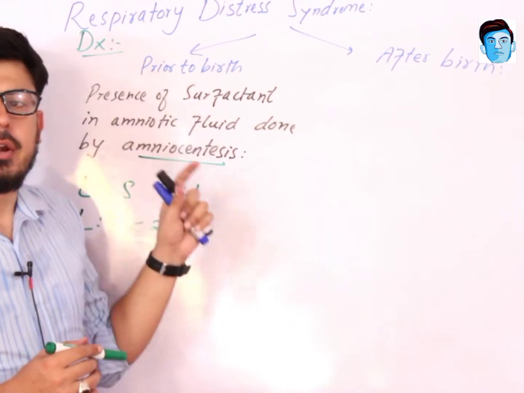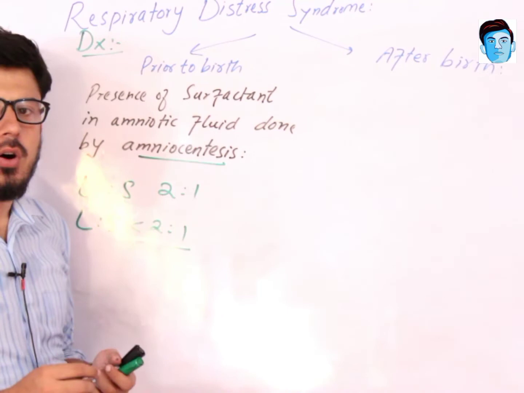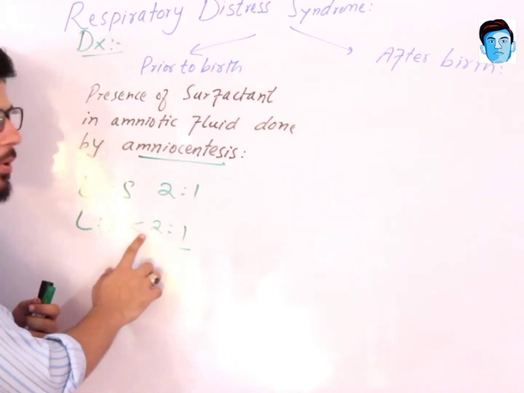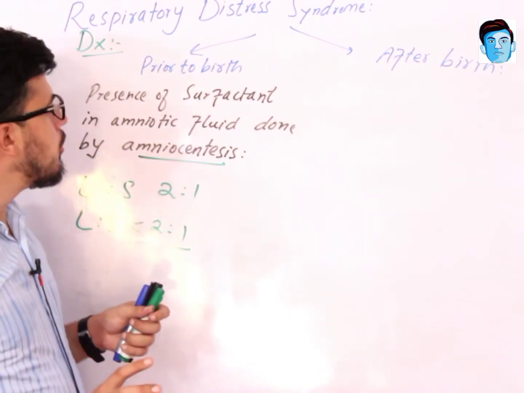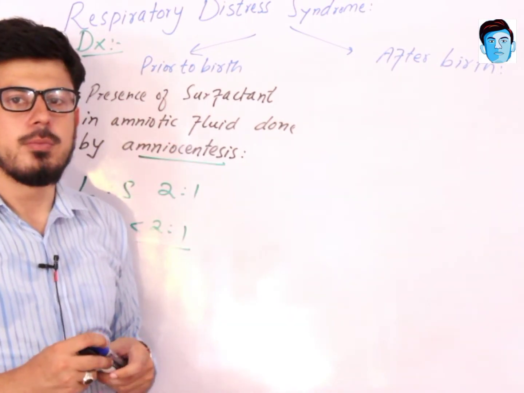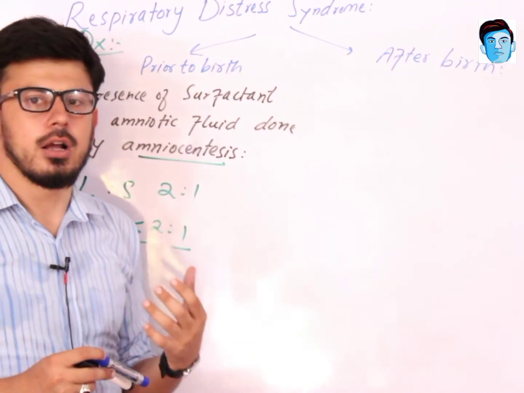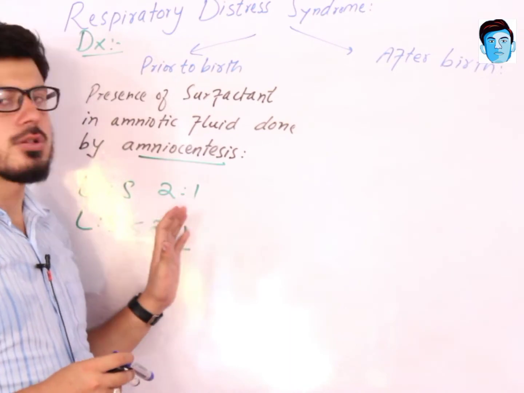So in RDS, if you assess the ratio of lecithin to sphingomyelin, it will come below 2:1. So it is important. In prior to birth, you assess the surfactant level within the amniotic fluid by amniocentesis. Secondly, you assess the ratio of lecithin to sphingomyelin.